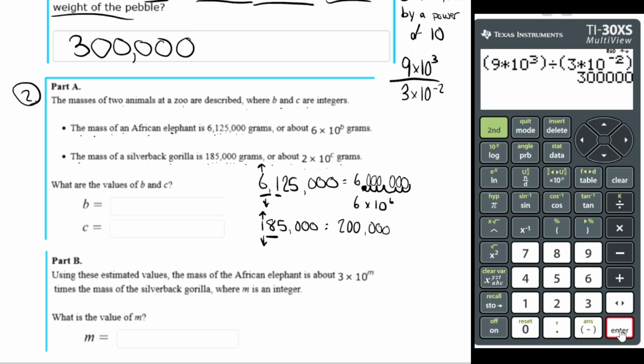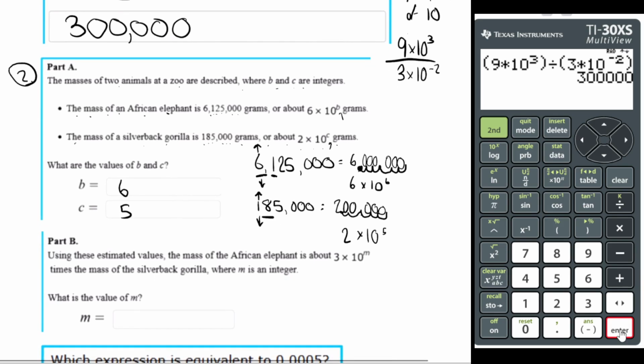So that's 10 to the 6. Here, you're going to put your decimal point next to your 2. And you're going to count your zeros. 1, 2, 3, 4, 5. So this would be 2 times 10 to the 5. So your value of B would be 6. And your value of C would be 5.